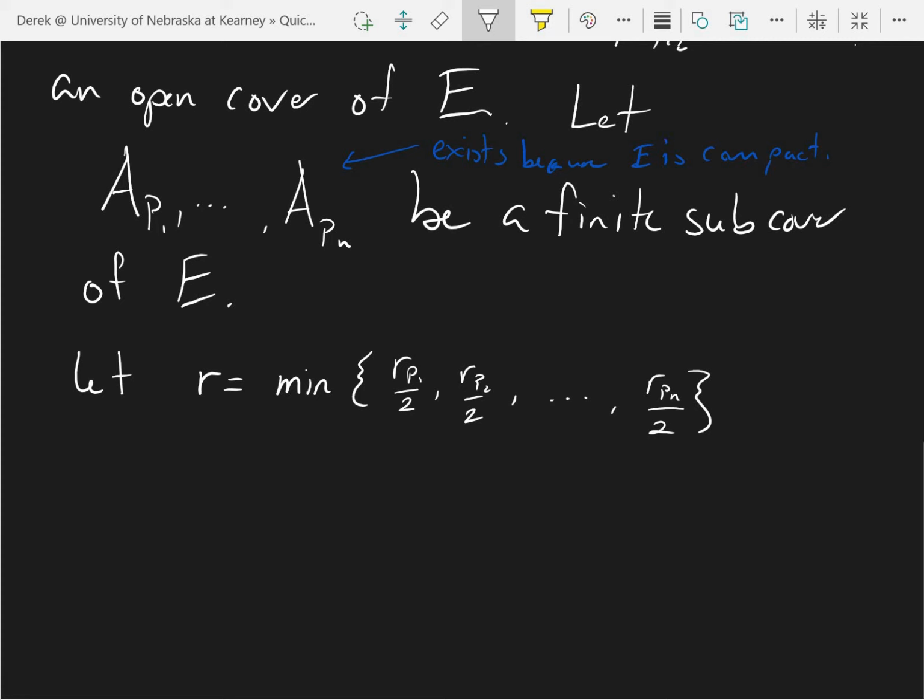Okay, so each of these A sub P's in our proof was one of the red circles, and these are the radiuses of the red circles. So R is the smallest radius of the red circles that we've picked out that cover E.